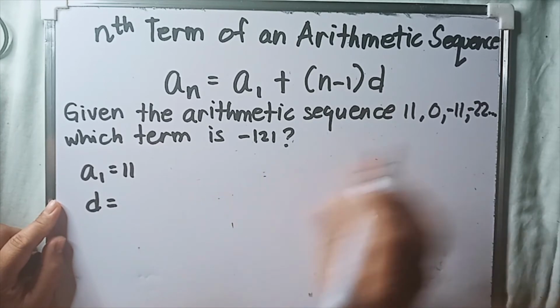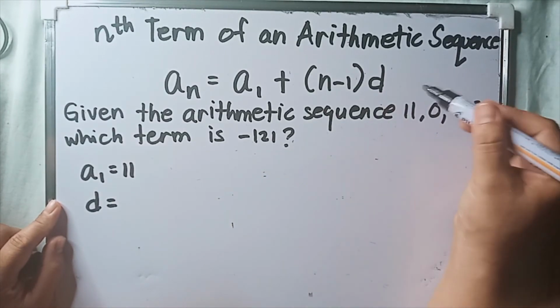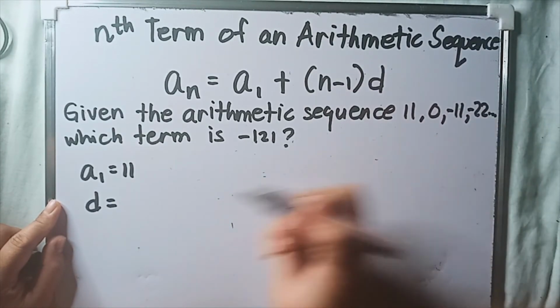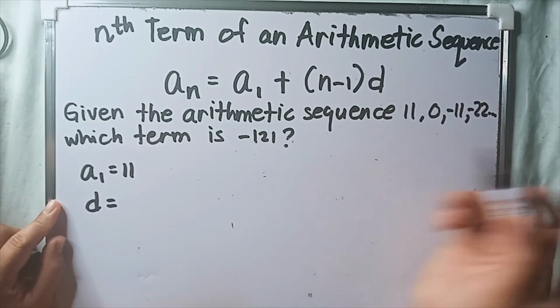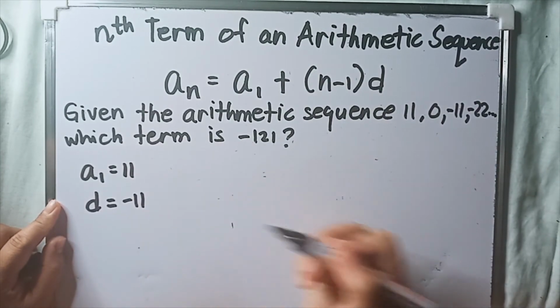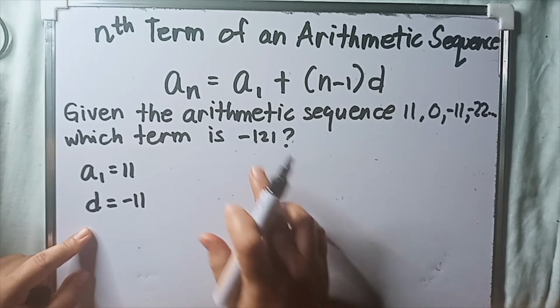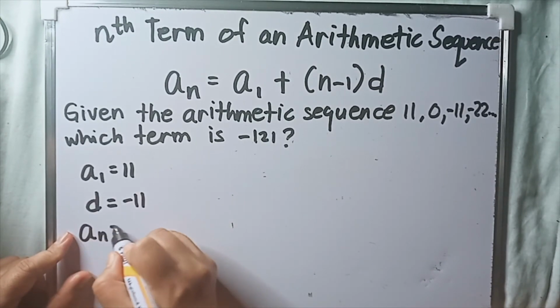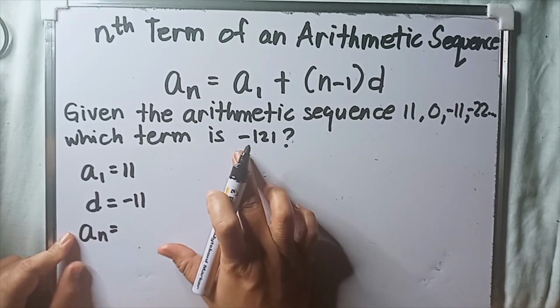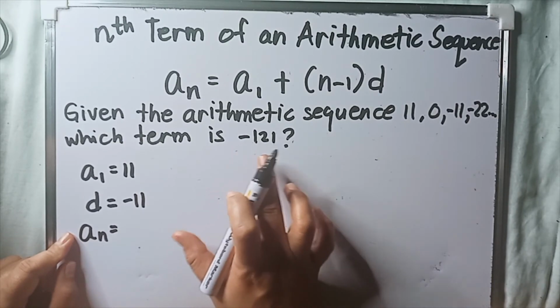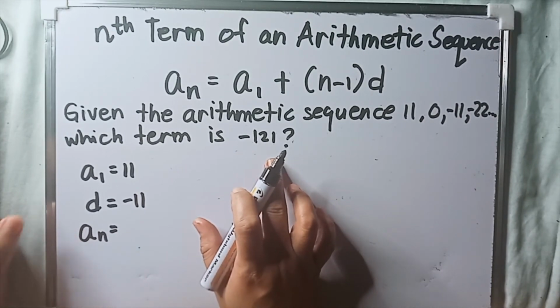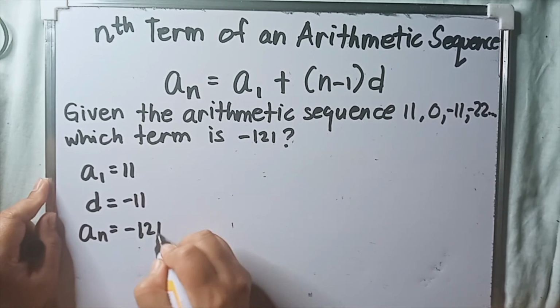Ang common difference natin dito, of course, nagma-minus 11 siya, no, sa bawat, para ma-obtain niya yung next term. So, negative 11 yung common difference. And then, we also have our a sub n. Since sinabi niya, si negative 121, pang ilan siya. So, negative 121 is our a sub n.